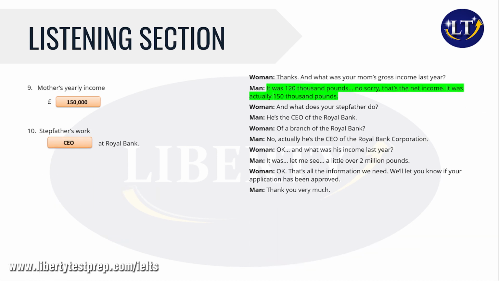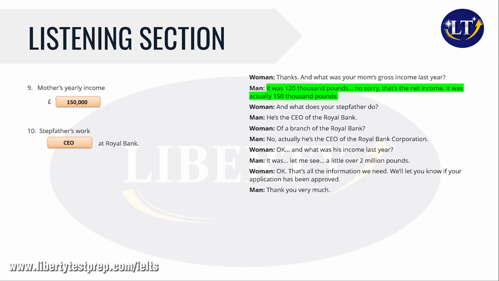The answer for number 9 would be 150,000. Now, when you are giving your answer, as you're going to see later in the expert tips, you should always go with the number, not with the word, right? I mean, you could, but if you want to play it safe at all times, just go with the number. And also, when you have numbers with 5 digits or more, you must place a comma for the thousands.